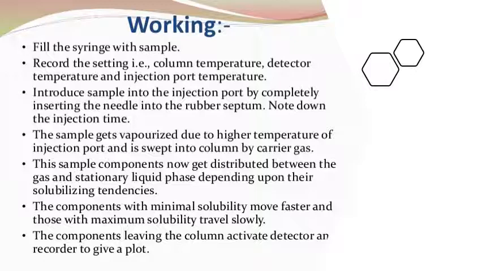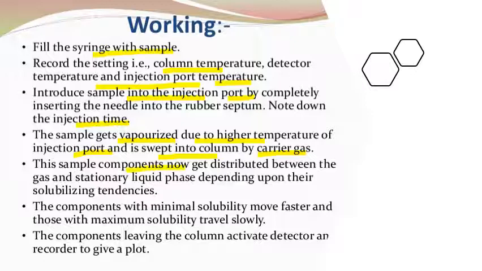If we see the working steps of the gas chromatograph, we fill the syringe with the sample and check the column temperature, detector temperature, and injection port temperature. When we introduce the sample into the injection port, we note down the injection time. The sample gets vaporized due to the high temperature of the injection port, and is swept into the column with the help of the carrier gas.